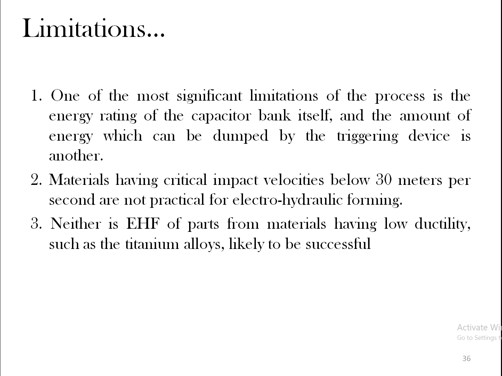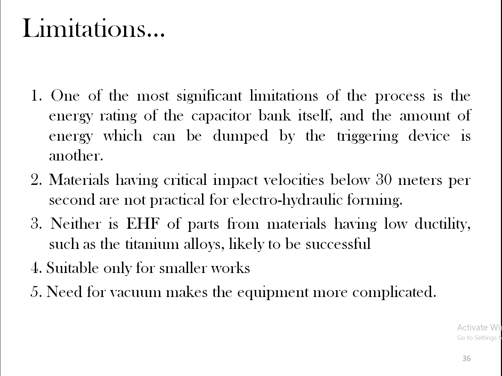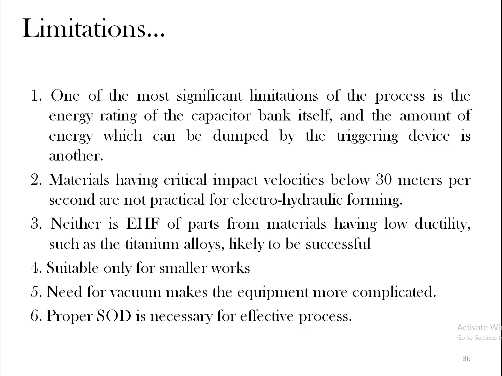As we have already spoken of, in a single shot it is very difficult to produce a component. Materials having critical impact velocity below 30 meters per second are not practical for electrohydraulic forming. Those are the basic limitations, and it's suitable only for smaller works, right? Vacuum equipment is more complicated, and the standoff distance is necessary for effective process.